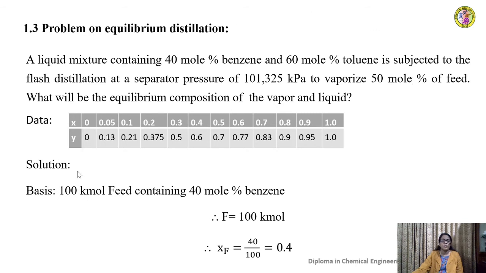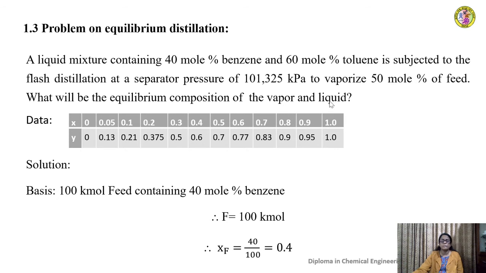Using all this data, you have to find XF, D, YD star, XW. You have been asked to calculate the equilibrium composition of the vapor and the liquid. You all know that in flash vaporization, vapor composition is represented by YD star and the liquid composition is expressed as XW.